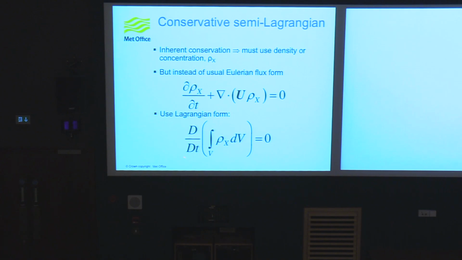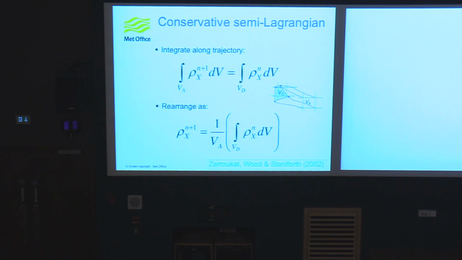And what we could then do is, just as I did before, where we had d by dt of mx, we integrate that along the trajectory. We can now do that for this equation, but now we have to evaluate this volume integral along the trajectory. And that is something that some schemes, including SLICE, which is a scheme that we played with, developed for some time, does.